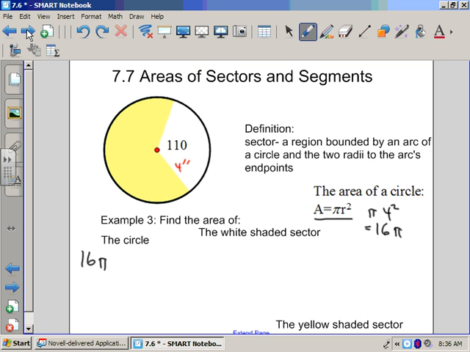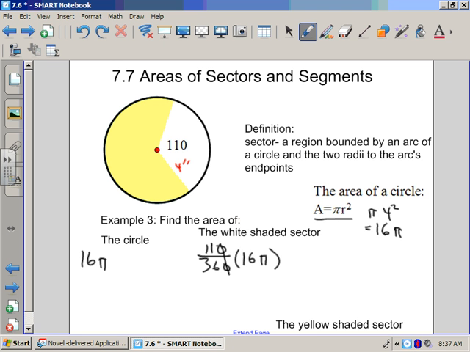Well, the white shaded sector is 110 degrees out of 360 degrees, and that's going to be times the area of the circle, which is 16 pi. I take the proportion of the central angle to the whole circle, which is 360 degrees, and multiply that proportion by the area of the circle, which is 16 pi.